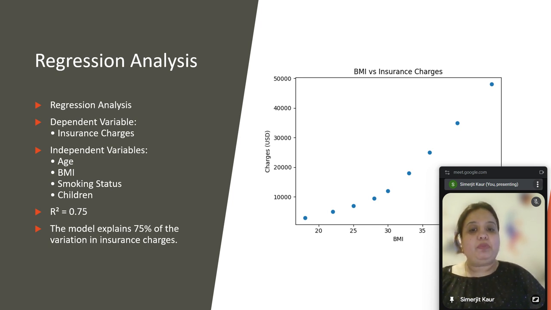This indicates strong predictive power. Among all variables, smoking status was identified as the strongest predictor, followed by age and BMI. This confirmed that lifestyle and health related factors significantly influence medical insurance cost.